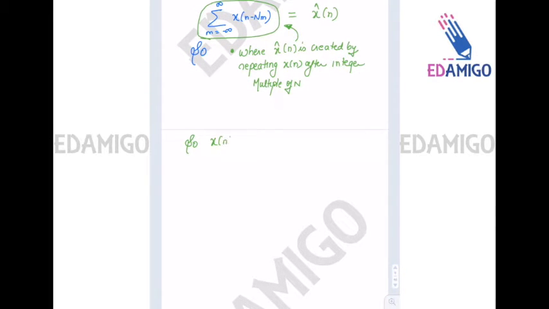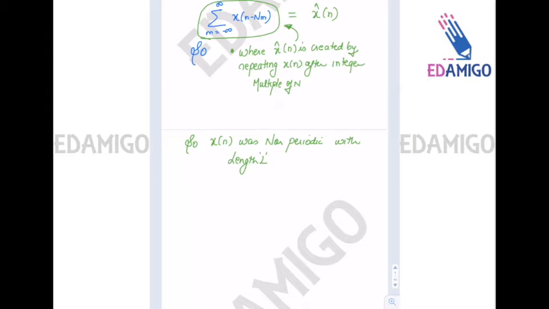If x[n] was non-periodic with length L. What is length? Length is the number of non-zero values present in x[n].